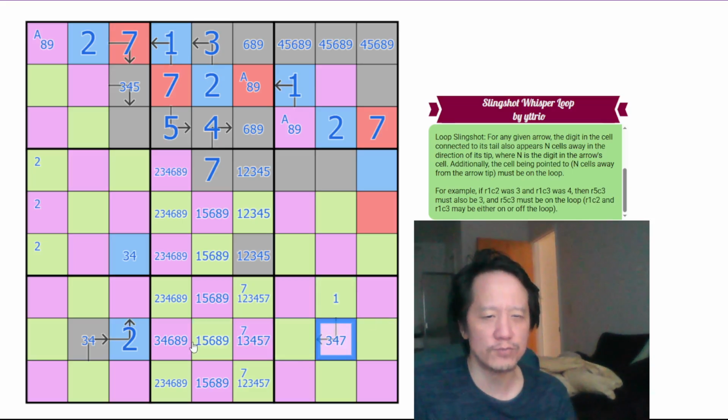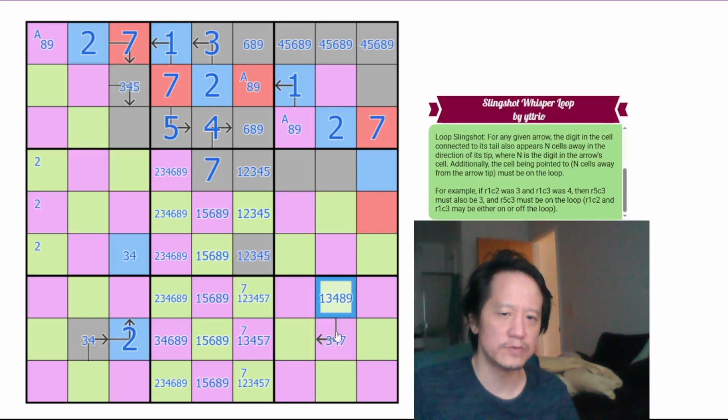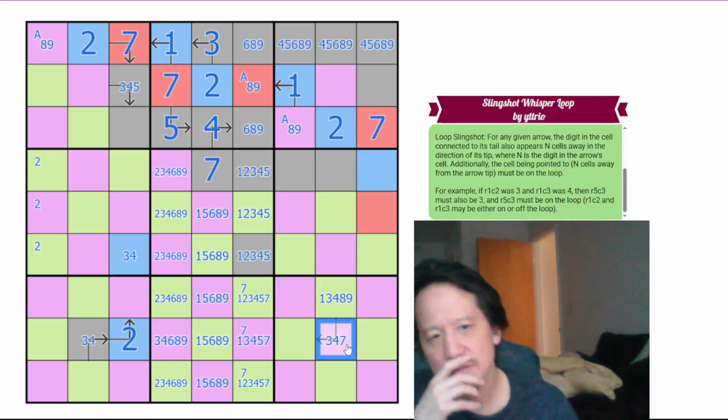So either this is 1, or if it's 4 away, this would have to be 8 or 9, because it cannot be 6, because that's not 5 away from 2. Or this is another low, which could be 1, 3, or 4. So those are all possible. Interesting.